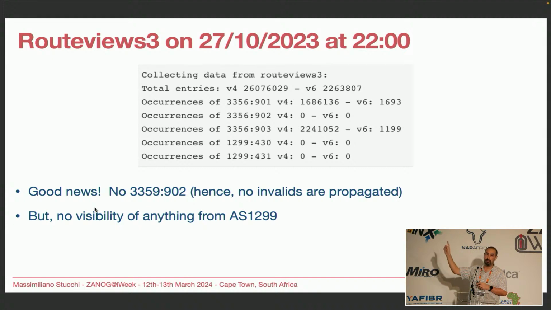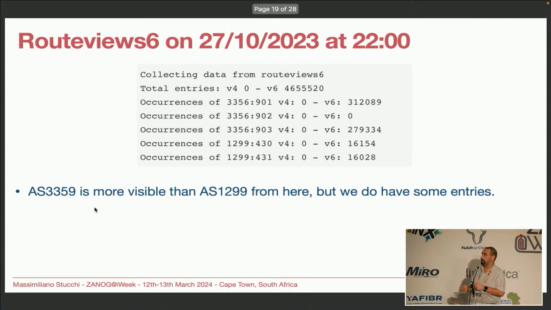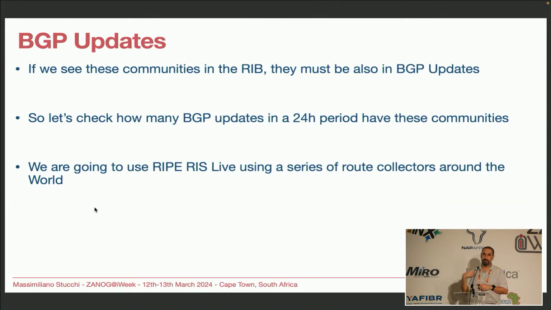That is one example that I'm giving you, RouteViews 3, that's one route collector. But if I moved to RouteViews 6, I would actually see entries from 1299. So we established something: we do see these communities in the wild. So what's the next step?